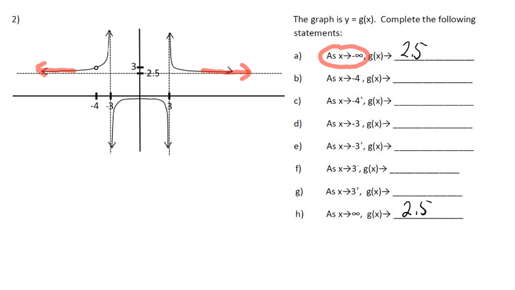So we can expect we're squeezing in on the same y value from both sides. Question B is asking me about when I get closer and closer to that hole from the left side, what y value am I getting closer and closer to? 3. 3, good. If I had to read the coordinates of that hole, they would be -4, 3.